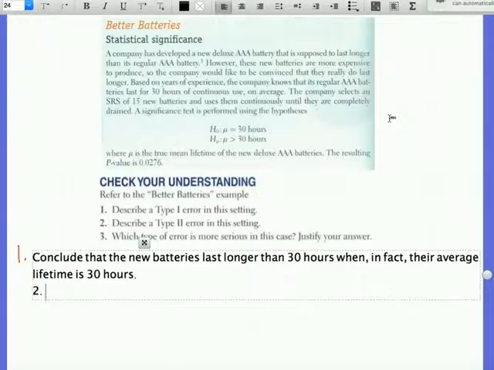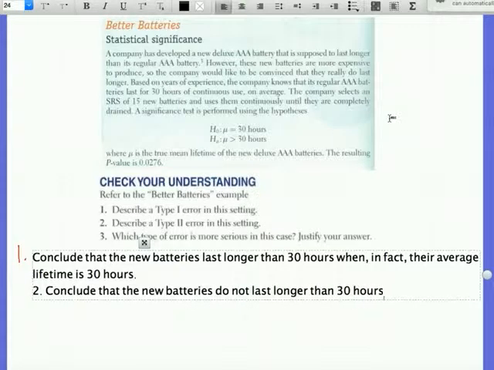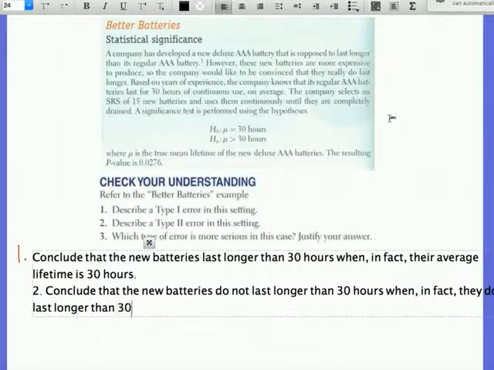So then for 2, we would conclude that the new batteries do not last longer than 30 hours when in fact they do last longer than 30 hours.